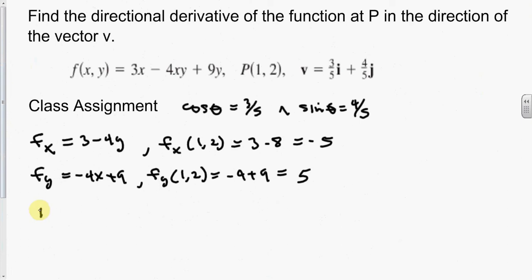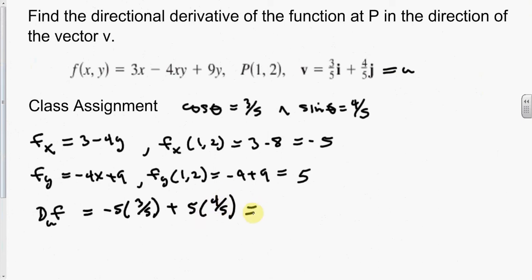So we find the directional derivative of the function in the direction of u, and since this is a unit vector, that becomes u. So this is negative 5 times 3 over 5 plus 5 times 4 over 5.